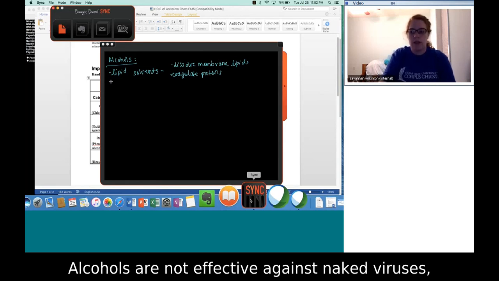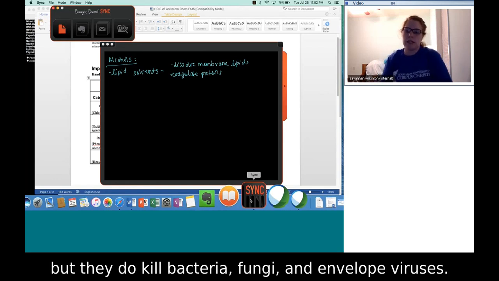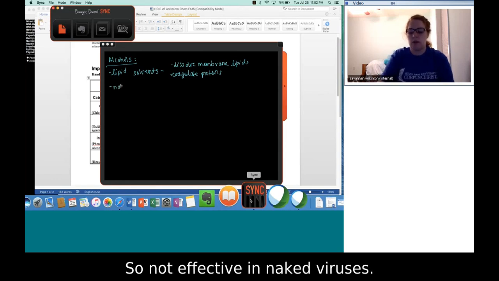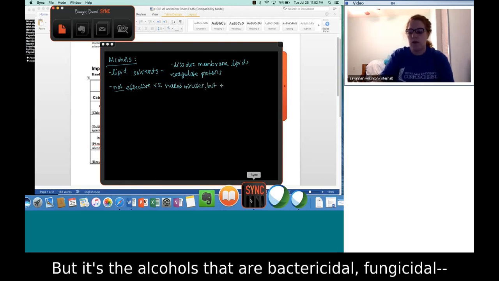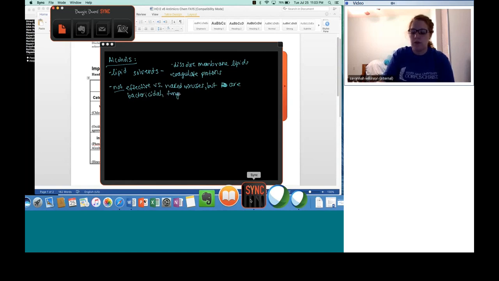Alcohols are not effective against naked viruses, but they do kill bacteria, fungi, and enveloped viruses. They are bactericidal, fungicidal, but not sporicidal.